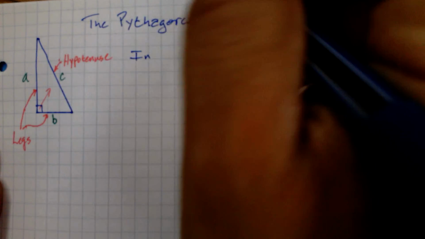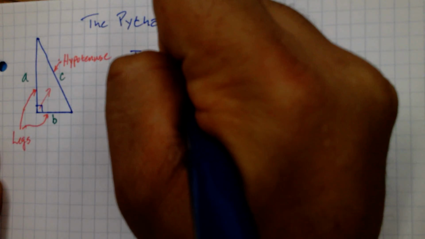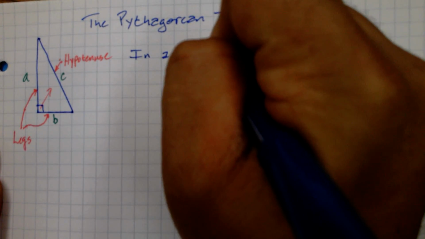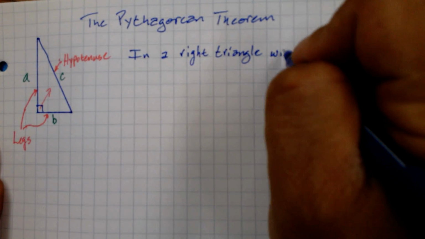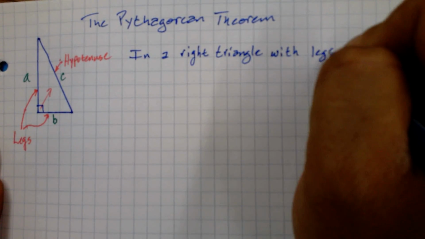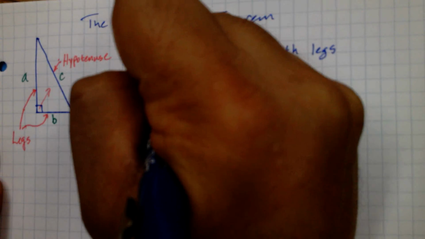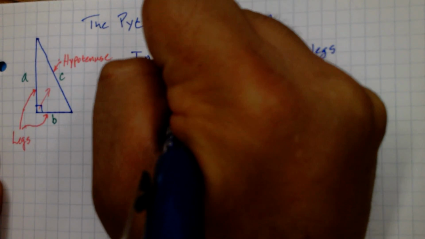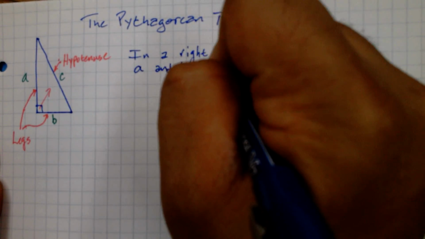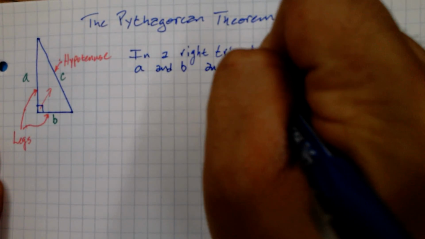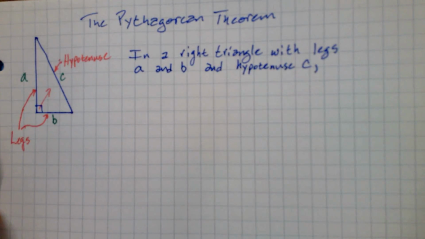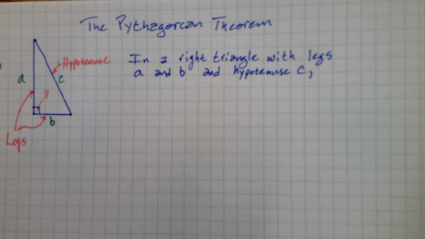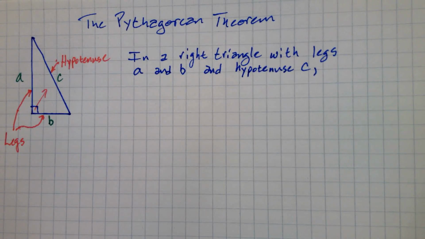So here is the Pythagorean theorem. In a right triangle with legs A and B, and hypotenuse C, okay, so that's just kind of setting up the main part that we want in a right triangle.